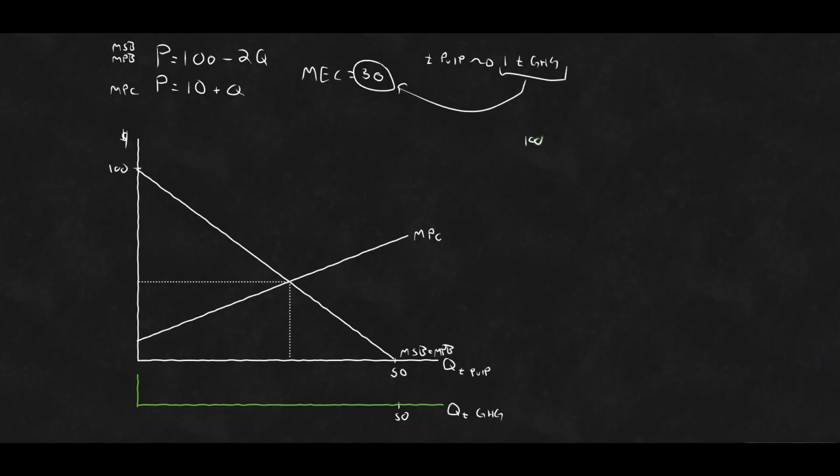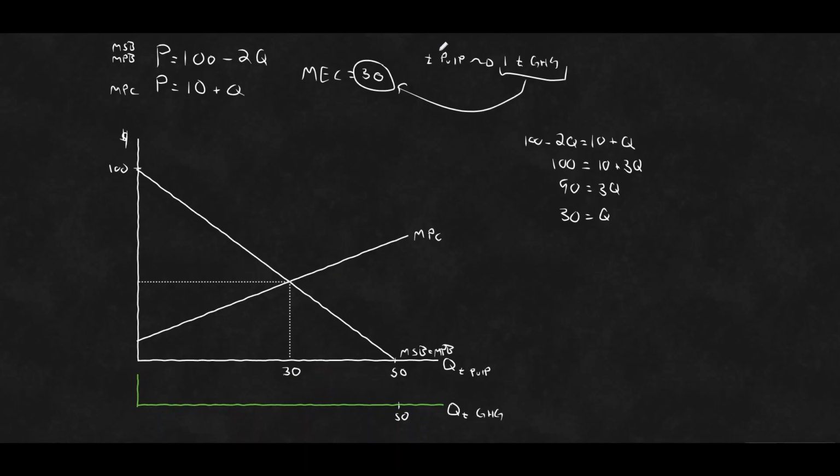So we would get 100 minus 2Q equals 10 plus Q. Go through our algebraic voodoo. We get 100 equals 10 plus 3Q. Move that 10 over to the other side. 90 equals 3Q, divide both sides by 3, and we get 30 equals Q. So there we go. 30 tons of pulp is how much we are making in competitive equilibrium.